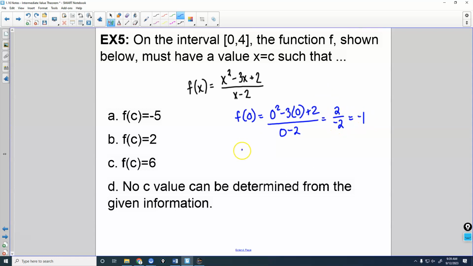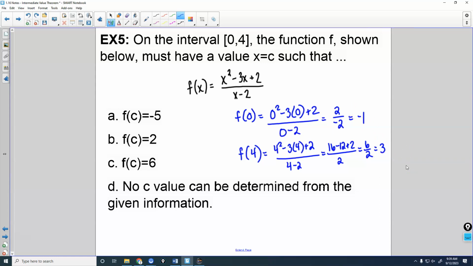And if we did f of 4, we would get 4 squared minus 3 times 4 plus 2 over 4 minus 2, which would give us 16 minus 12 plus 2 over 2, which is 6 over 2, which equals 3. So we got a negative 1 and a 3.